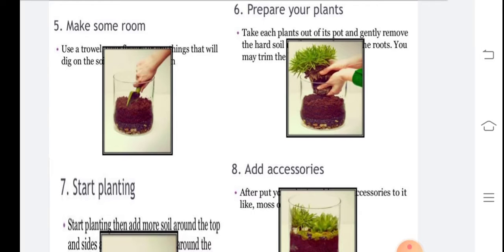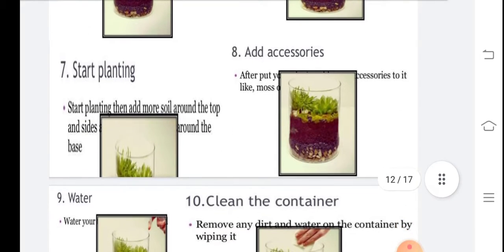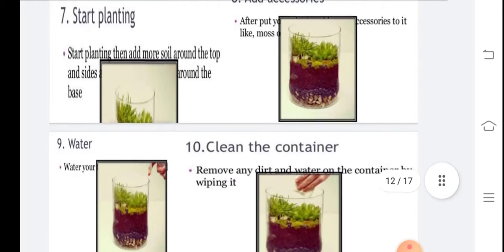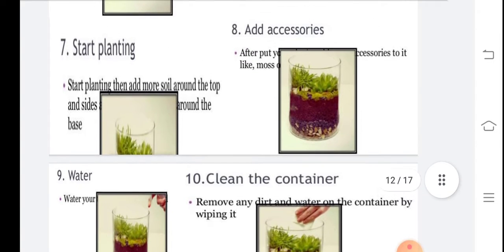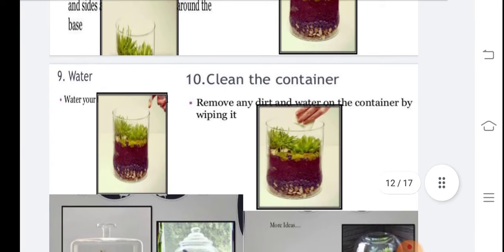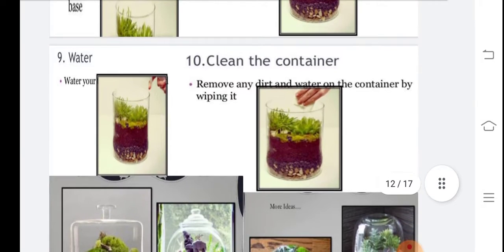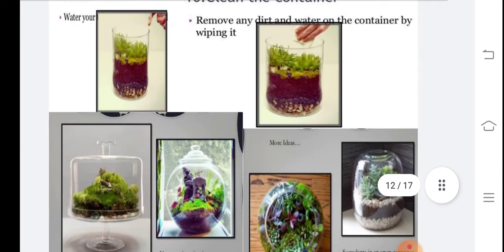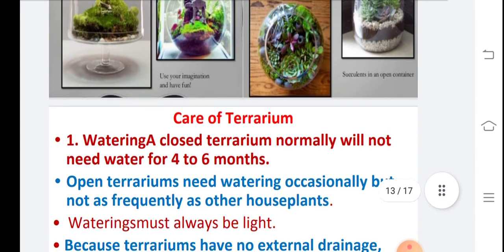Then we are using this as a plantation. Then start the planting, and after that we have to give watering. Then clean the container and keep it for observation.